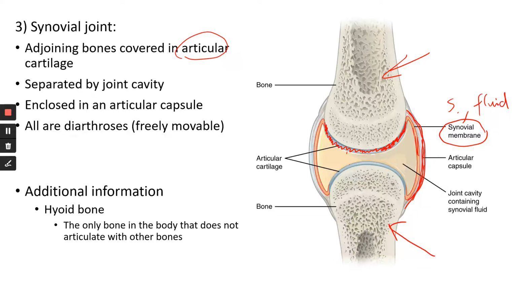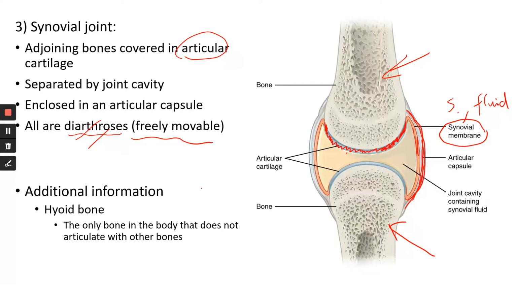All right, now all synovial joints are very different from the other two types of joints. They are diarthrosis, don't worry about the term, but it basically means they're freely movable, right? You can move your wrist, your elbows, your knees. They're freely movable, with a wide range of motion.